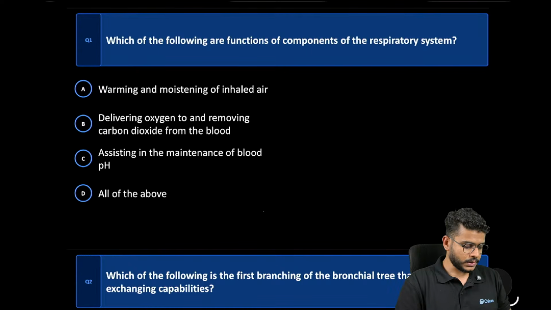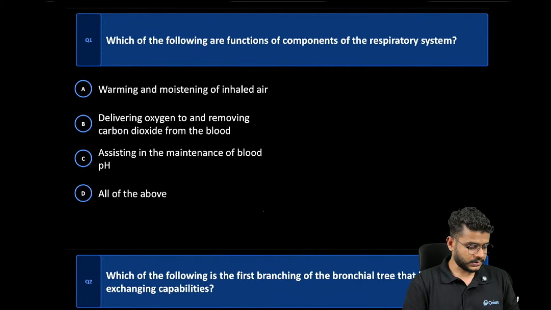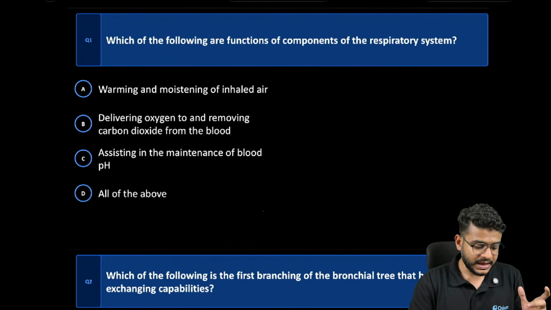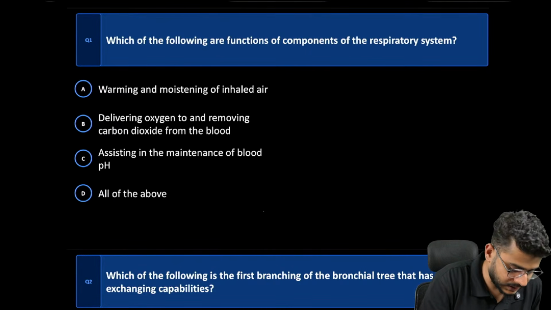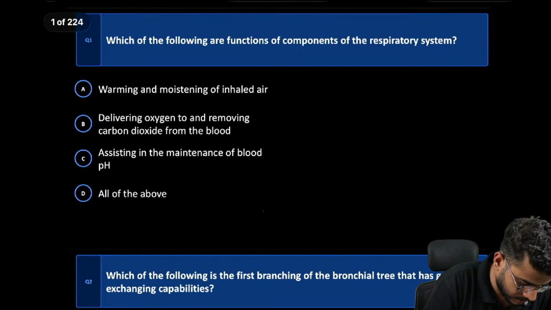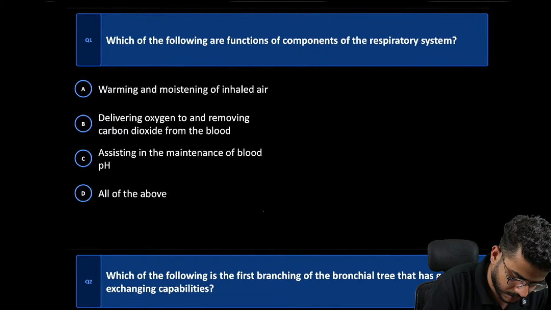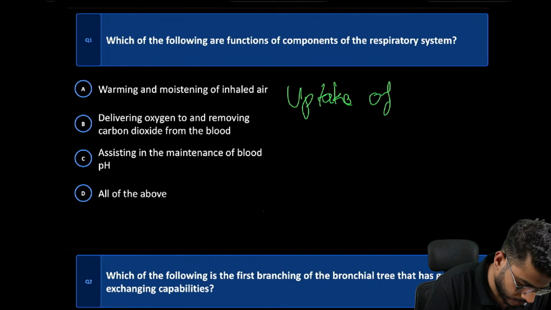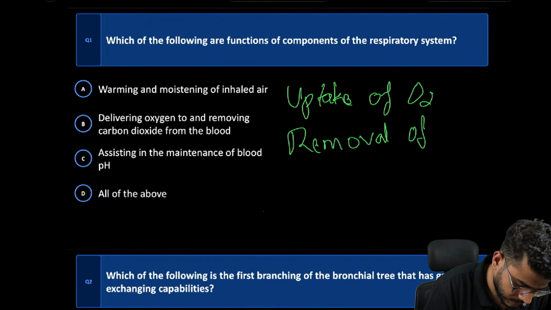Okay, so let's begin. The first question: which of the following are functions of components of the respiratory system? The main function of the respiratory system is the uptake of O2 and removal of CO2.